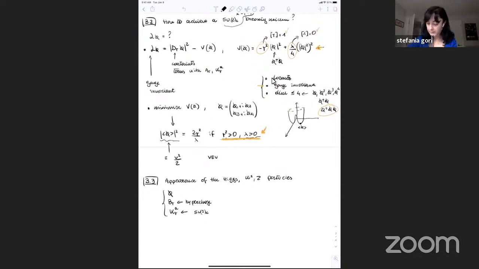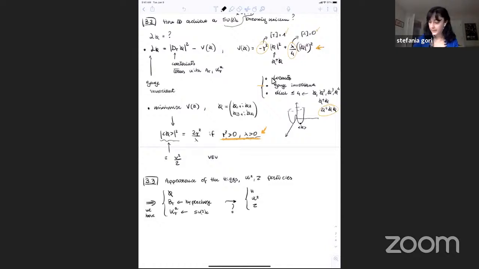Okay, so these are the fields that we have and that we discussed already yesterday and today. But now let's see how we get to the Higgs particle, W plus minus, and Z. We want to understand this step.